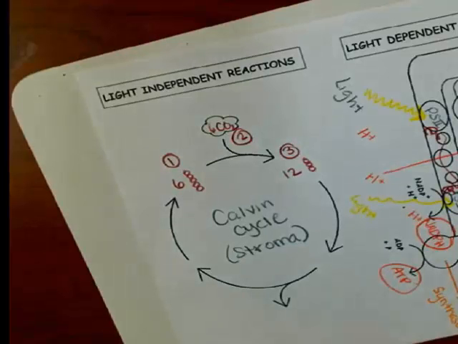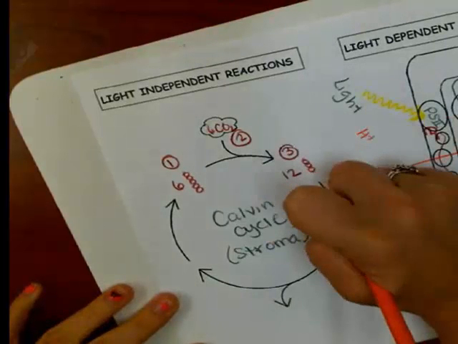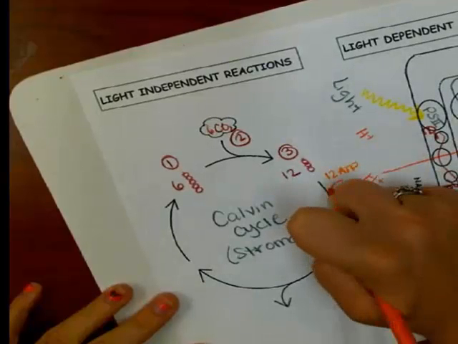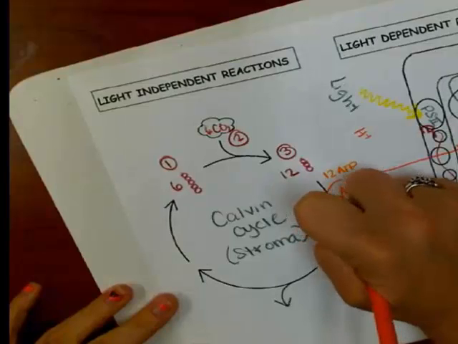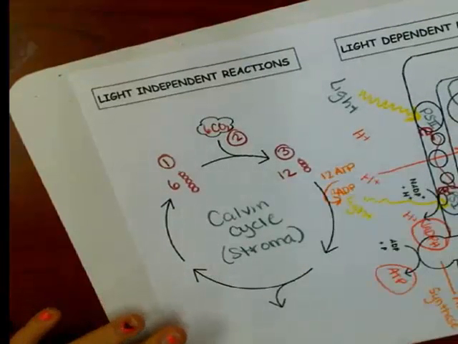Well, then we need to fix this even more. In order to do that, we need to transfer some energy and some hydrogen ions. There are 12 ATP molecules that transfer their energy, so they turn into 12 ADP, to our 12 carbon molecules in order to create some bonds.